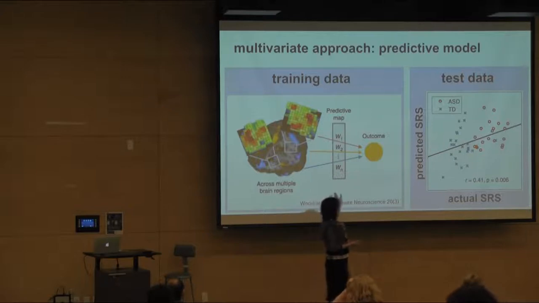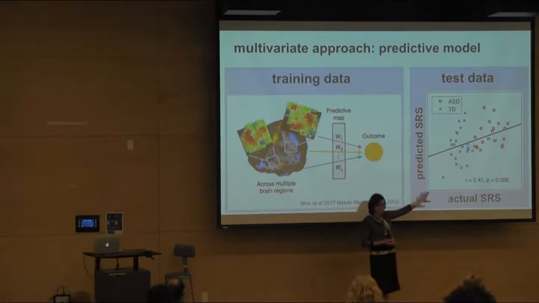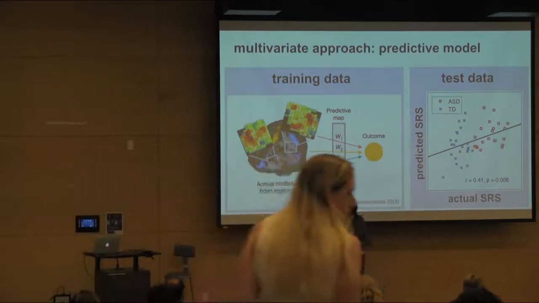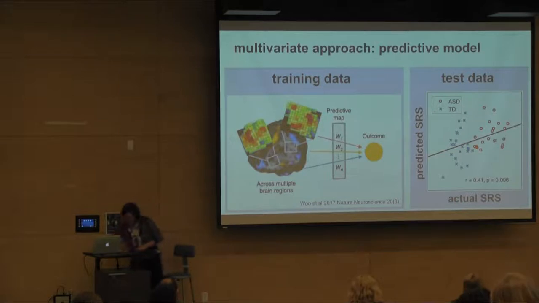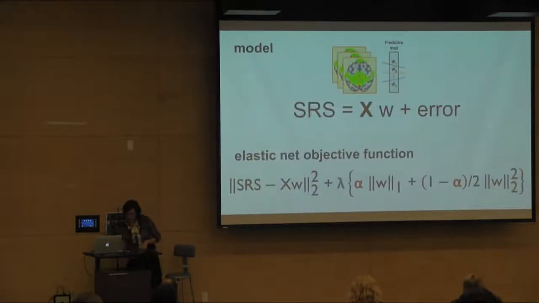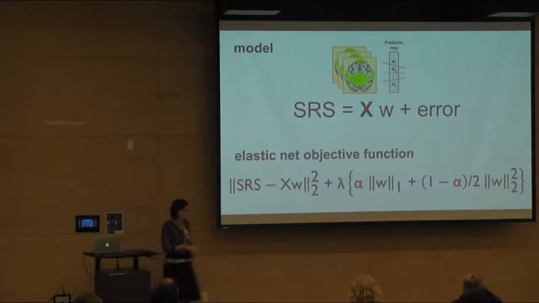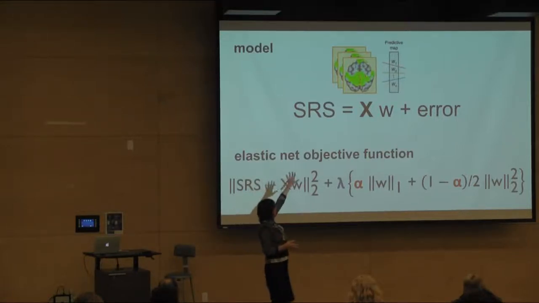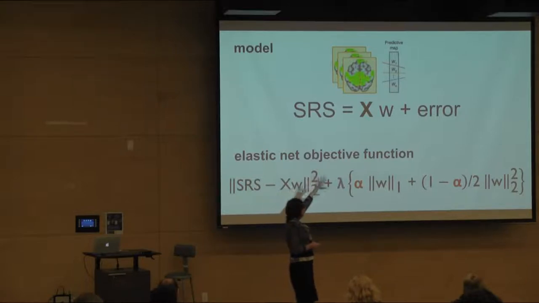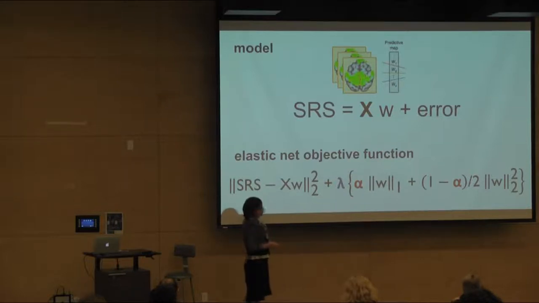And then we apply that map to the test data connectivity maps, and then we can get some predicted values. The model we use for this particular example is, well, we just basically assume that the SRS is a linear combination of the maps with some weights and then an error. And we just use the elastic net to estimate those weights.